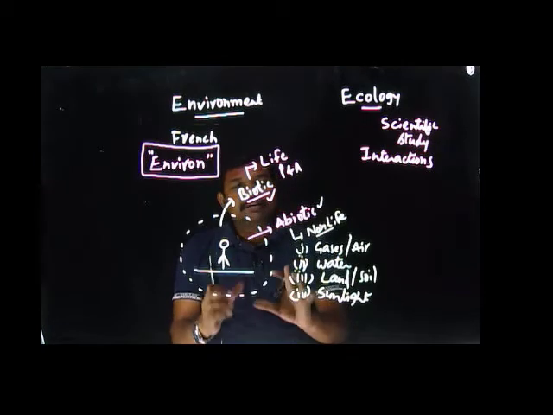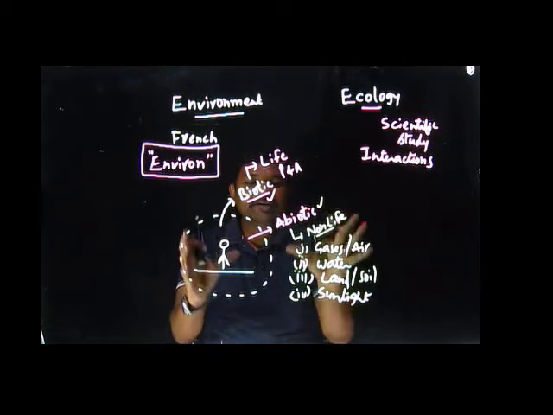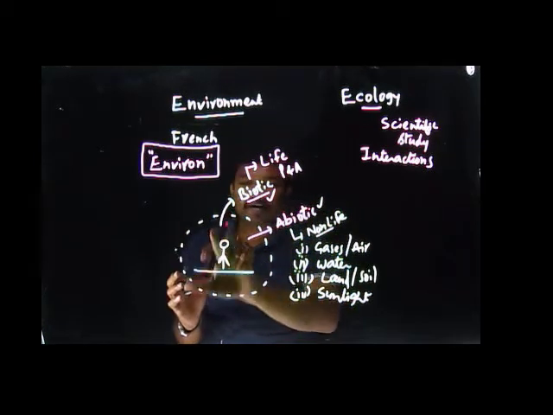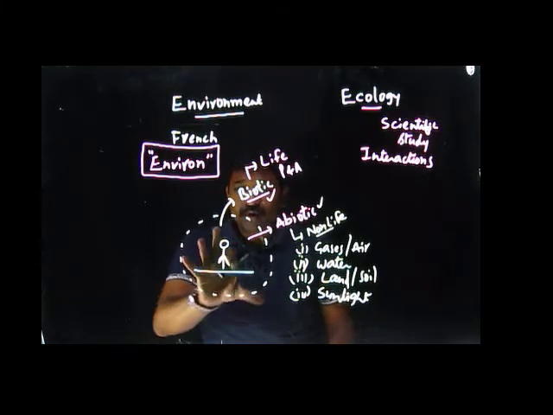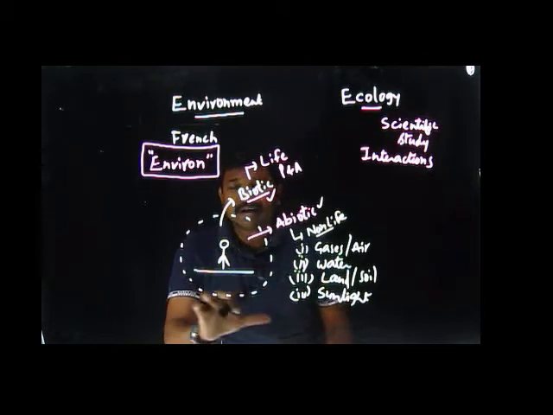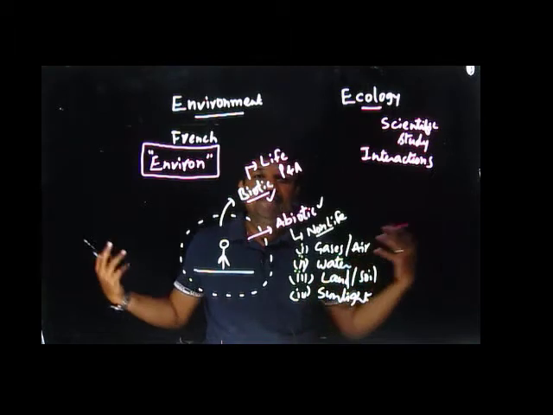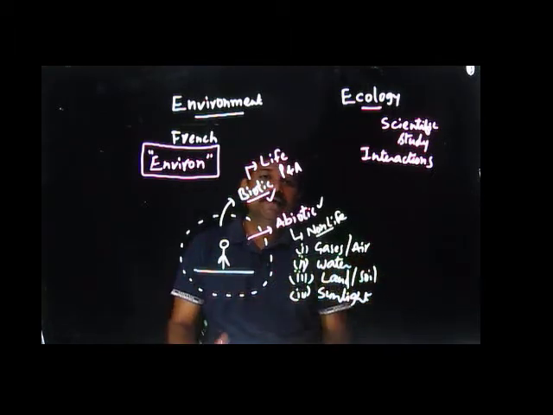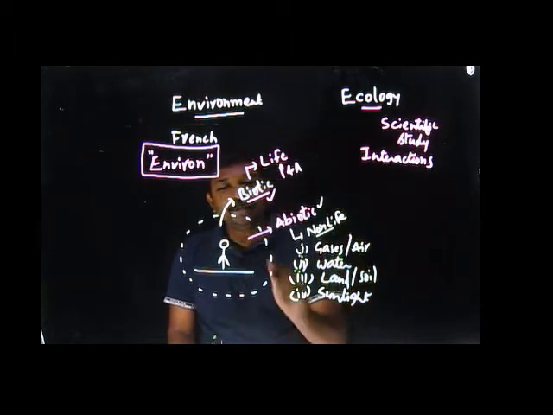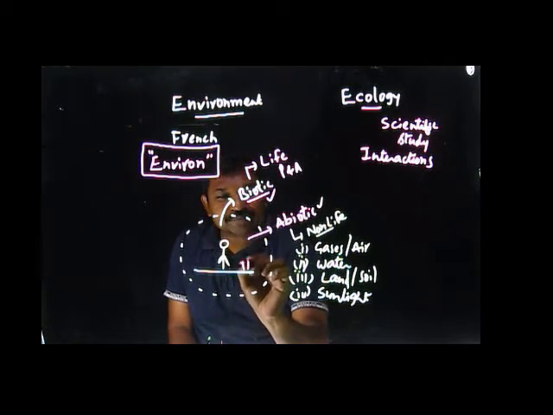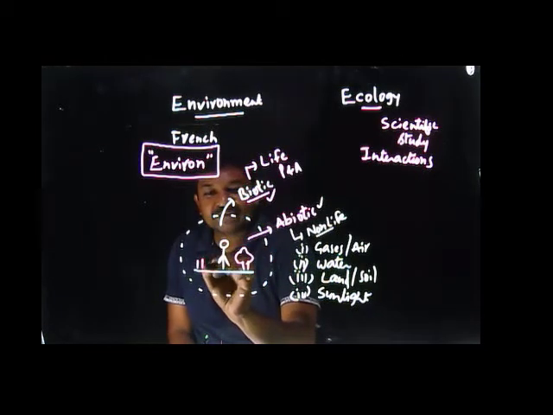Now, this is the definition, but let me explain in a simpler language. What is the environment? Everything around the species. Say for example, we are here. Everything around us is called environment. But what is ecology? Suppose there is a tree, and a big animal.